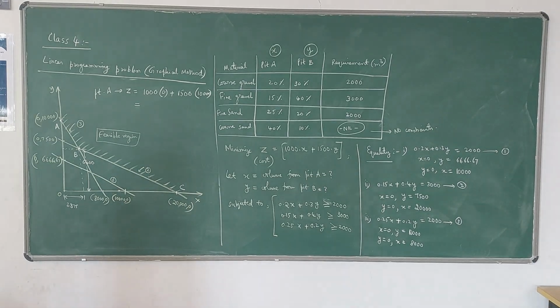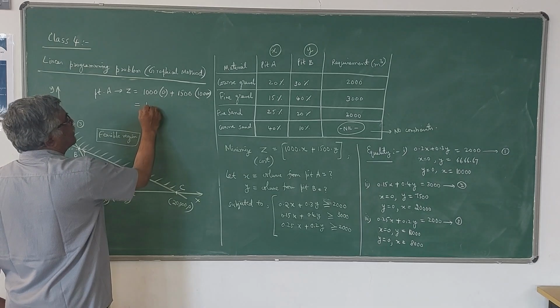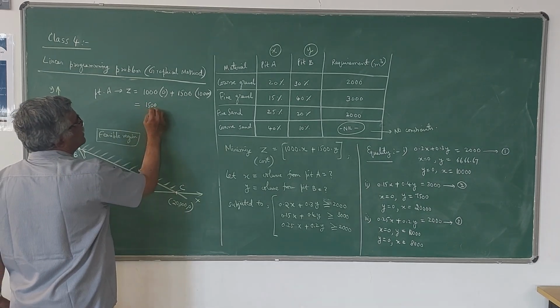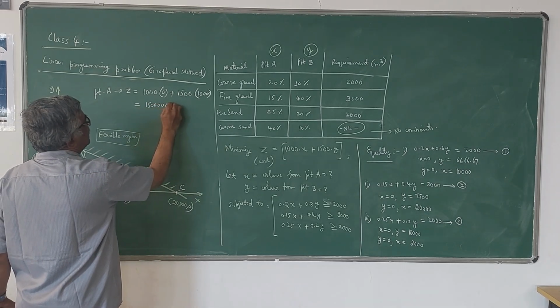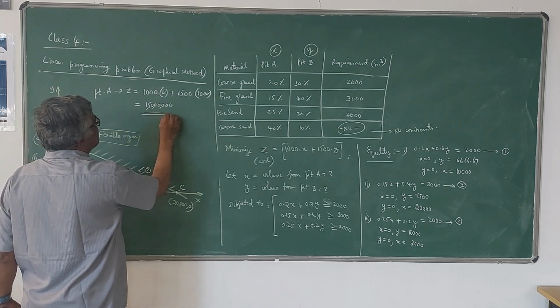So 10,000 into 1,500 comes to 15 followed by 6 zeros. So this is the answer.